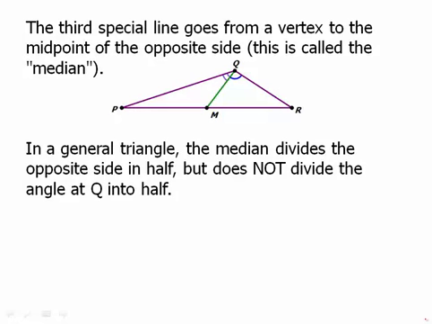If you look at that angle, it's pretty easy to tell that the angle on the left, PQM, is a pretty small angle, and the angle on the right, MQR, is a much larger angle. In fact, that might almost be 90 degrees or slightly more than 90 degrees. So clearly, those two angles are not equal. This line divides the opposite side in half, but does not divide the opposite angle in half at all.